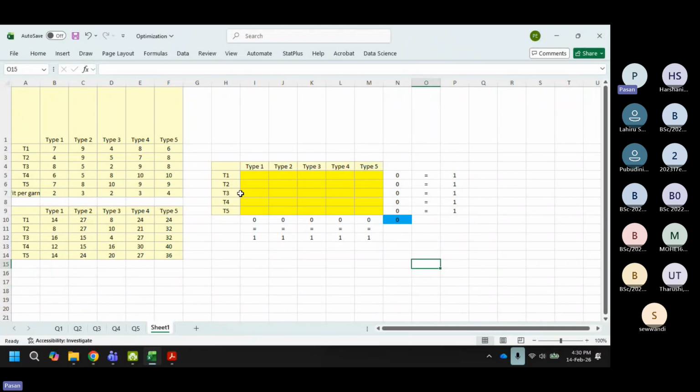That variable is just representing whether you are providing that particular type to that particular tailor or not. So you can call it some kind of decision that you are making, right? Whether to give it to that person or not. So that's a decision, meaning one or zero, right? So we are in a situation like that.